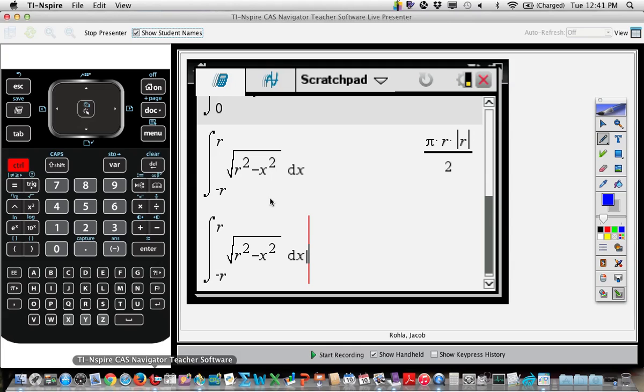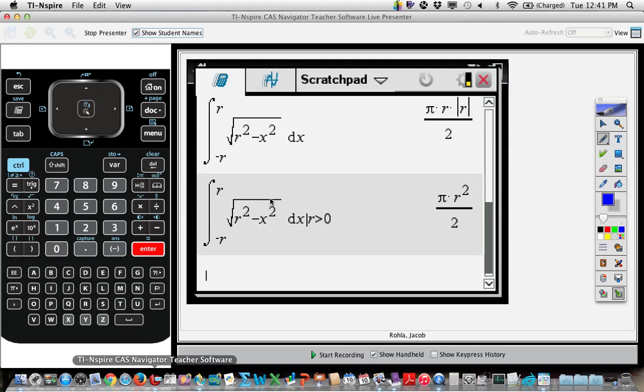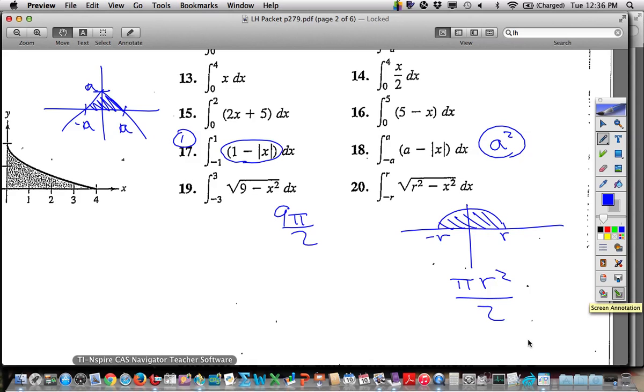And then do r greater than 0. Okay, and then we get that. Okay, so we can put that condition on it. Okay, so good. So I didn't really think of it that way. We're assuming r was going to be positive. That's the way we drew it. Okay, good stuff.